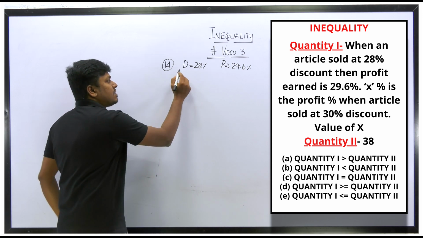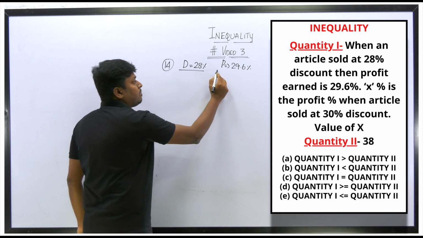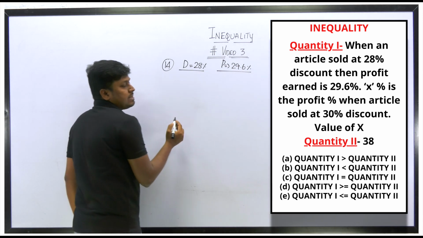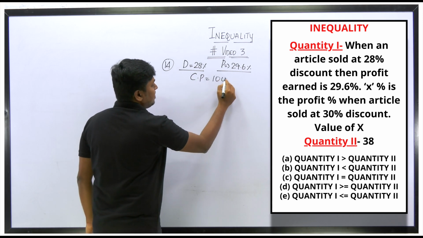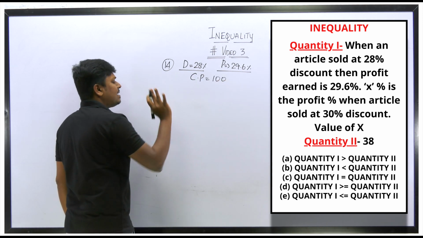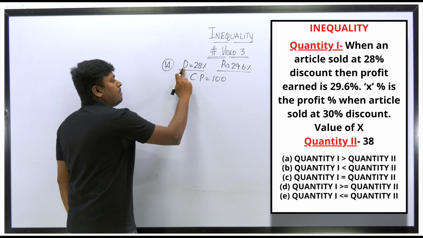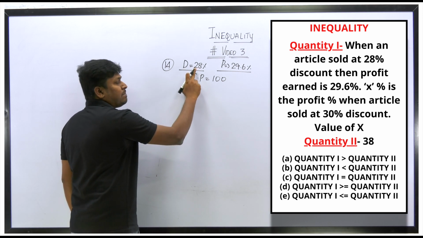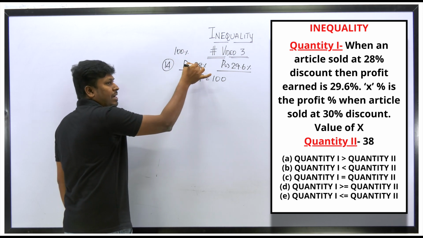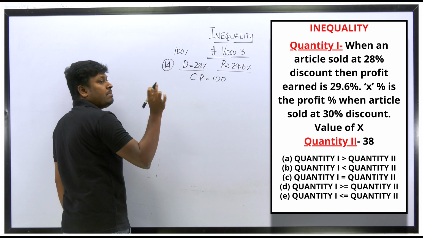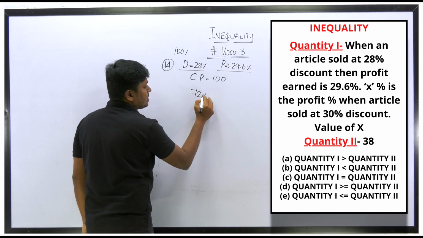Just see, if the discount is 28% and the profit earned is 29.6%, first we can fix the cost price as 100. We don't know the cost price, so take it as 100. Now you can see the discount is 28%. So from the 100%, if we give a discount of 28%, then the selling price will be 72%. Got it?